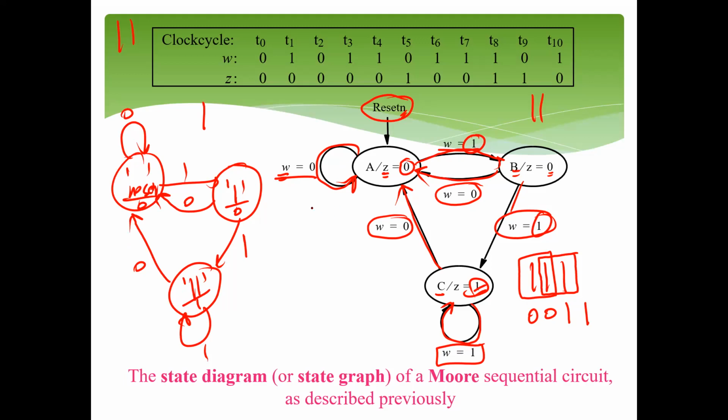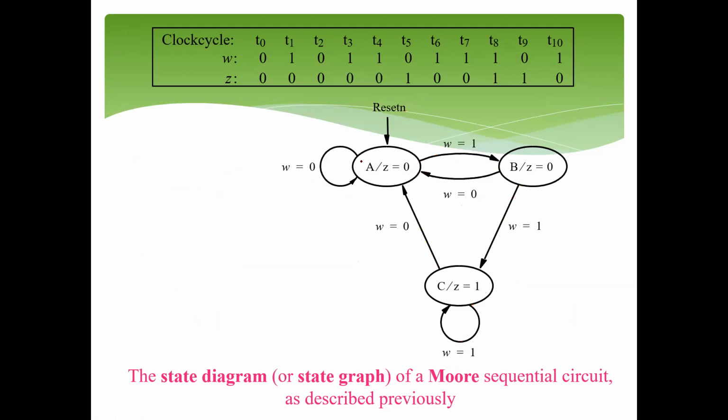Since you have only one input, make sure that there are two arrows going out of any state. Since you have one input, which is W, there should be two arrows going out of any state. I have three states here. Each state should have two arrows going out.